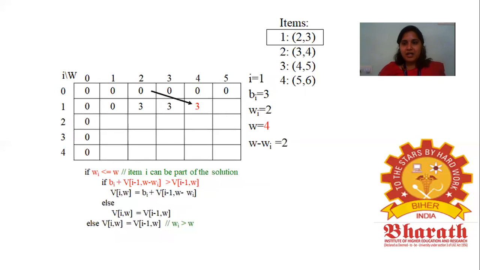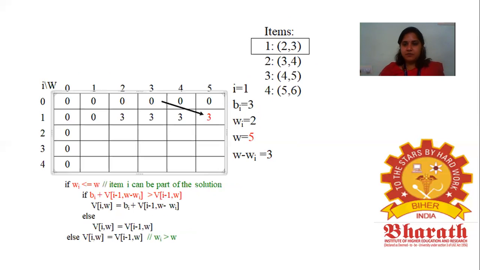I'm checking with the previous row value, and then I'm making it 3. In the next place, 4, also I'm placing 3. Why? Because I'm not inserting any other object inside the knapsack. I have placed object 1 and the weight is 3. So that row will be 3, 3, 3 only. Clear?